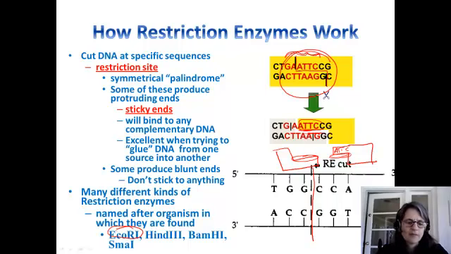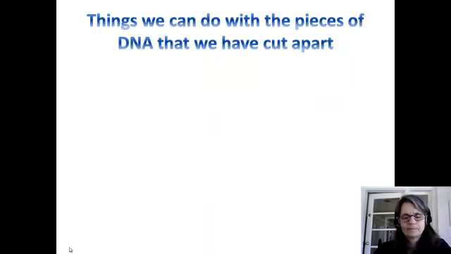EcoRI, for example, is E. coli, restriction enzyme 1, HindIII, I can't remember what the name for that is, but they're all different just because of the different bacteria in which they were discovered, and the 1s, 2s, 3s are the order in which they were discovered. All right. I only tell you that because we'll be using them in the lab, and so that's what the names refer to.